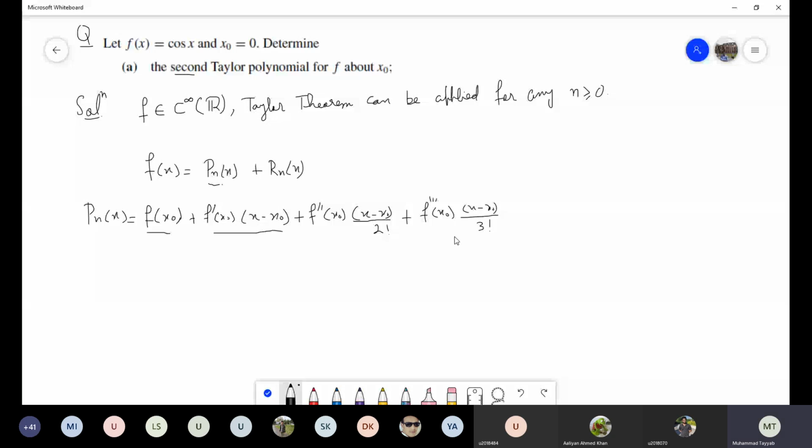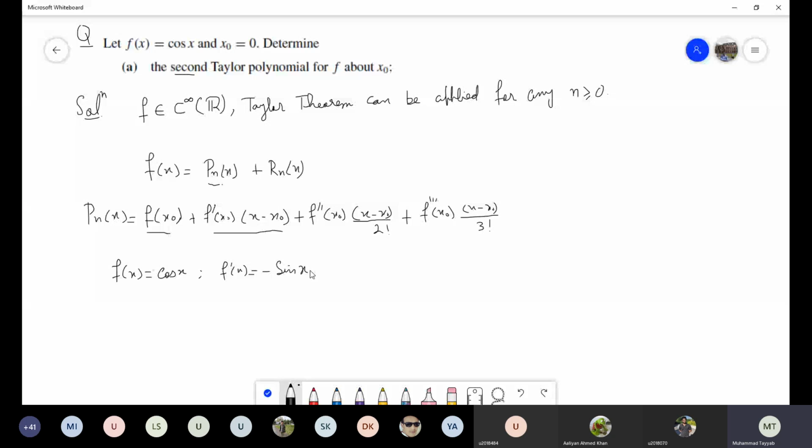The function f of x is equal to cos x, right? The first derivative, f dash of x, is equal to minus sine of x.